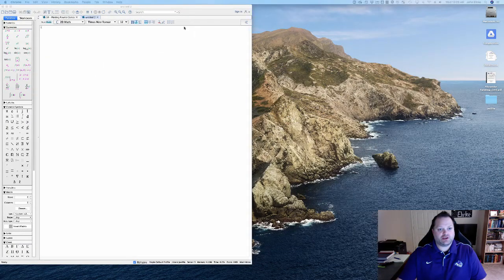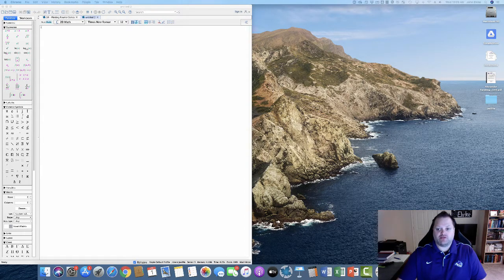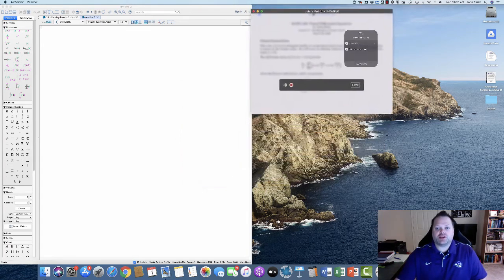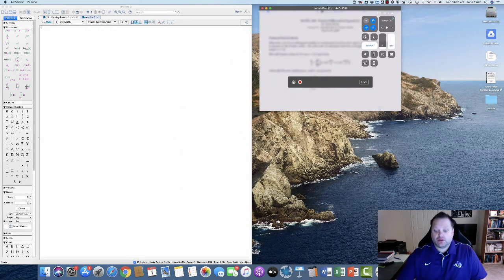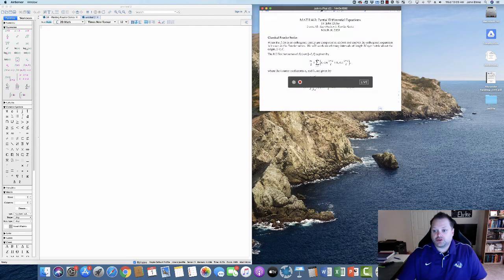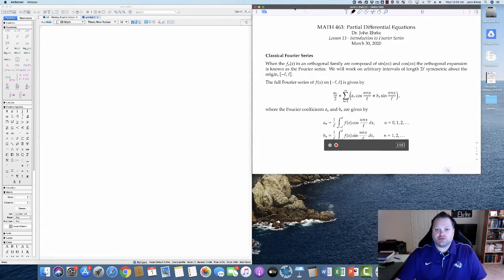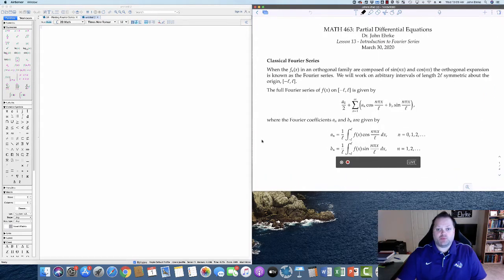One of the things you're going to see that's going to be a little bit different is I'm going to do a side-by-side here. Eventually, I'm going to have the lecture notes side by side. So hopefully these are big enough for everyone to see because I want to do it side by side with Maple.